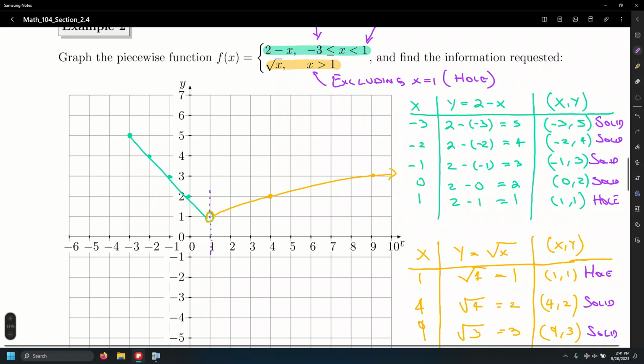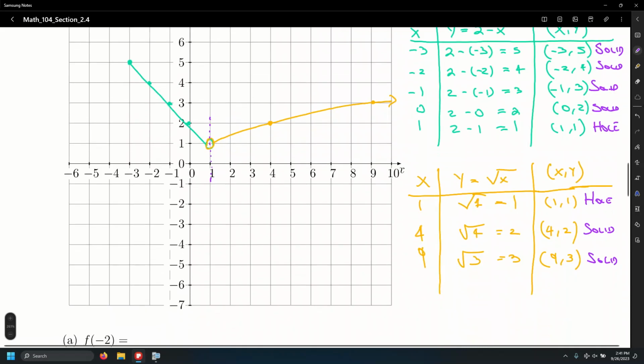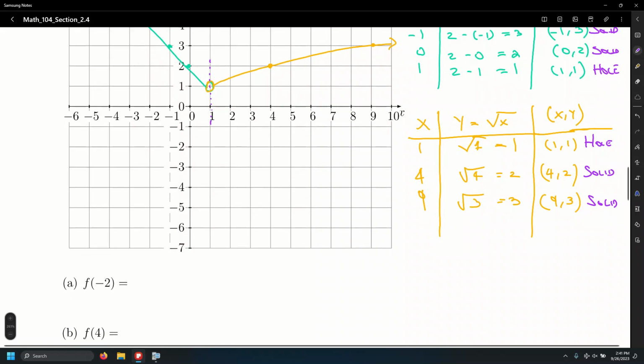If the number is smaller than 1 but also has to be greater than or equal to -3, it is admitted in the green section. So this function has more restrictions than the one we did before, and we need to be very careful when interpreting those restrictions, those conditions.